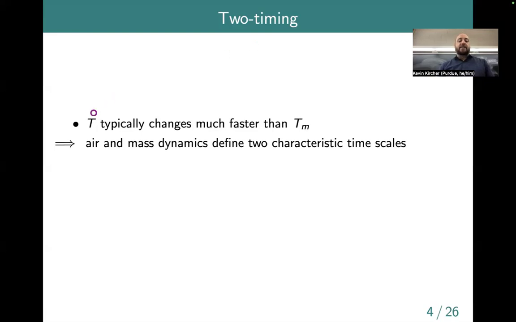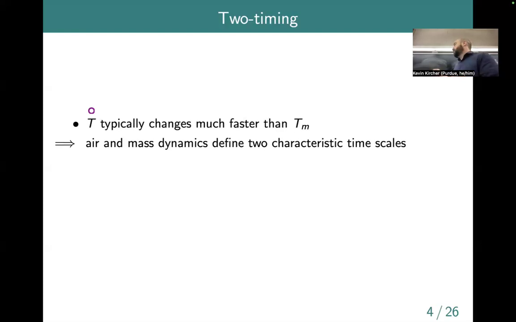But the idea here is that the indoor temperature T, if you just look at data, so if we put a thermocouple deep inside of the wall, we measured that temperature, and then we compared it to the measurements of the thermostat, we would probably find that over the course of a day, the indoor temperature changes a lot and changes quickly, depending on what the heating and cooling systems are doing, how much heat we're getting in through the windows, how occupied the room is, and that kind of stuff.